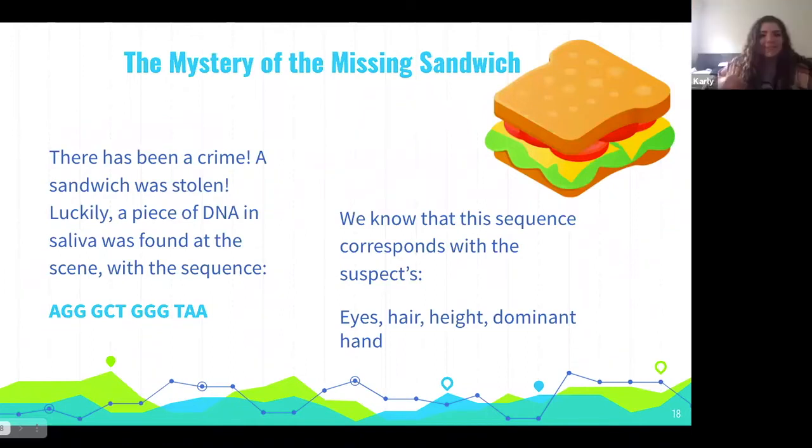Our example is going to help us find out the mystery of the missing sandwich. So there's been a crime: a sandwich was stolen. Luckily, a piece of DNA was found in the saliva at the scene with the sequence AGG, GCT, GGG, and TAA. Using that nifty key that we just saw, take some time to look at the phenotypes there and write down the hair color and eye color and other traits that you think it turns out to be.